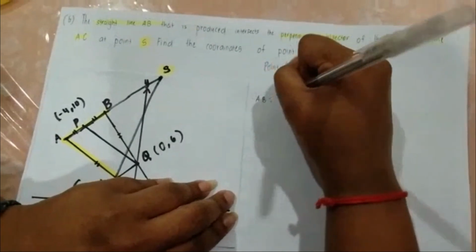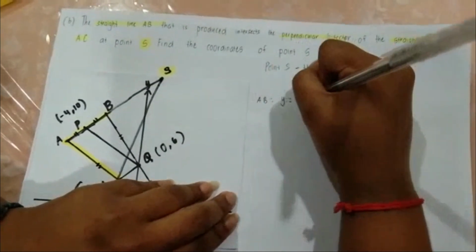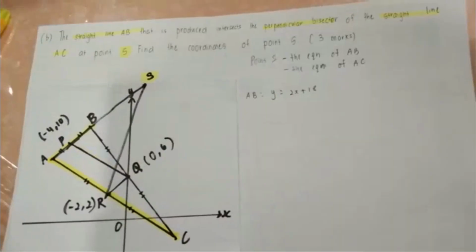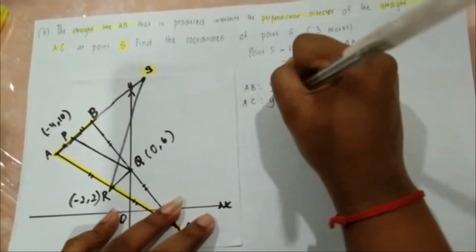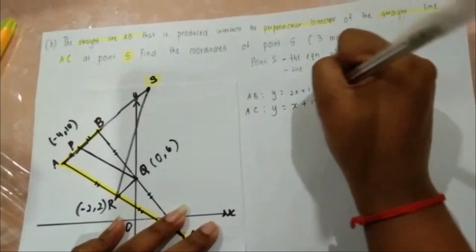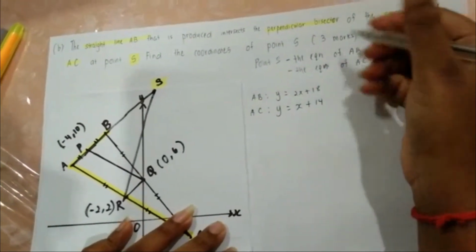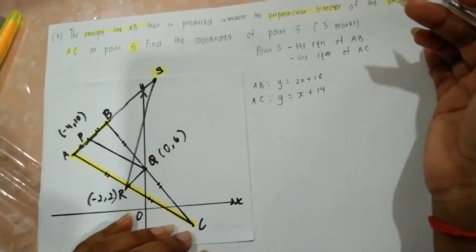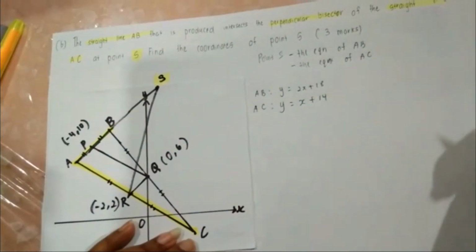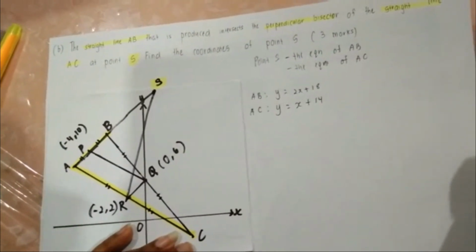The equation of AB is y equals 2x plus 8. And the equation of the bisector is y equals x plus 4. So, to find the x coordinate and the y coordinate of point S, you have to relate them using simultaneous linear equations.